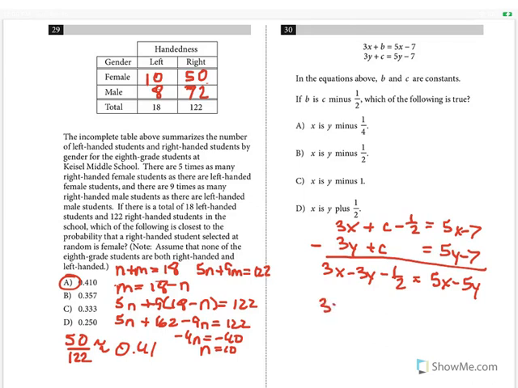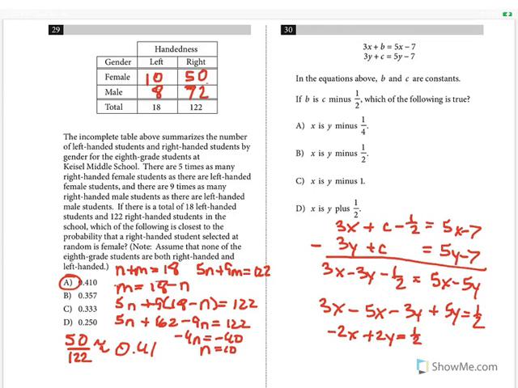So we're going to have 3x minus 5x minus 3y plus 5y equals 1/2. And now combining our like terms, that is negative 2x plus 2y equals 1/2.